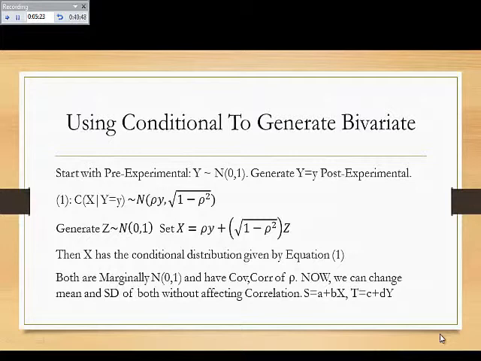The mean of s will be a because you've added a, and the mean of t will be c, and the standard error of s will be b, and the standard error of t will be d. So you can set the mean and the variance of s, set the mean and the variance of t, and the correlation is fixed at rho, and that's it. So now you have generated bivariate normal from two independent normals.